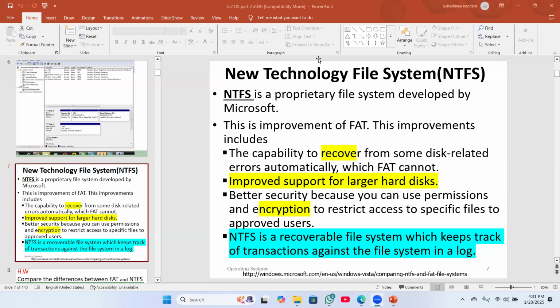NTFS is a recoverable file system which keeps track of transactions against the file system in a log. So it will keep logs, that means it keeps track of the file storage, and NTFS recovers the file system if there are any formatting issues, it tries to protect the file.